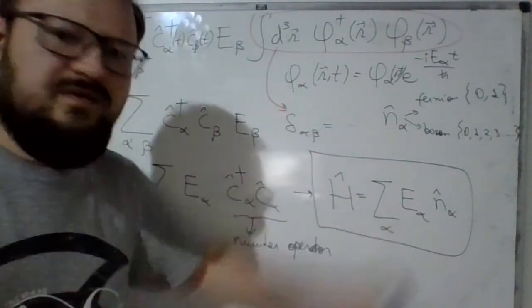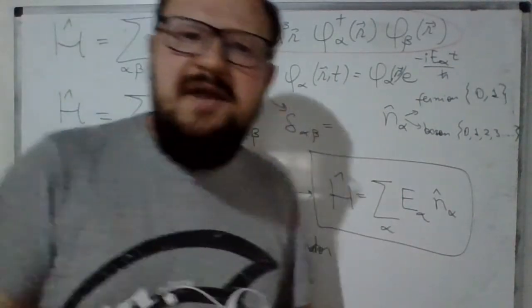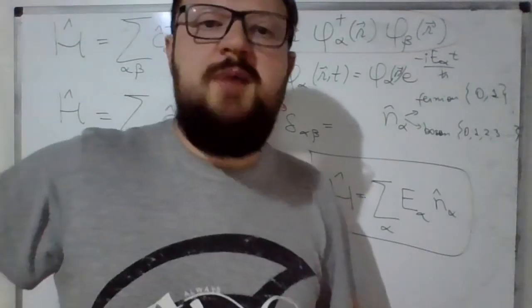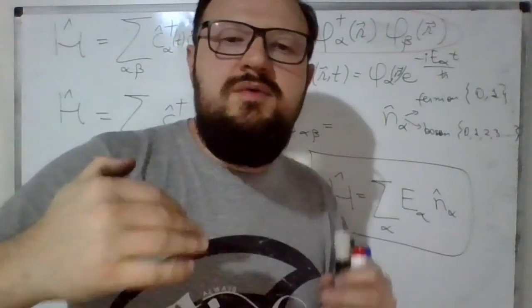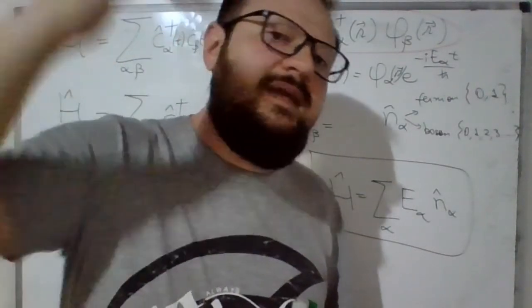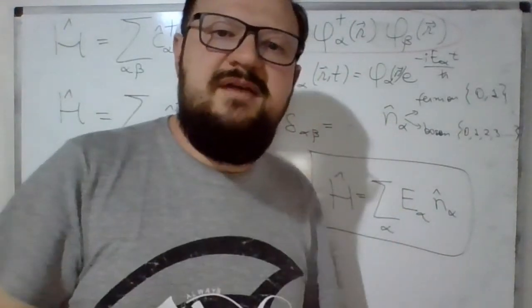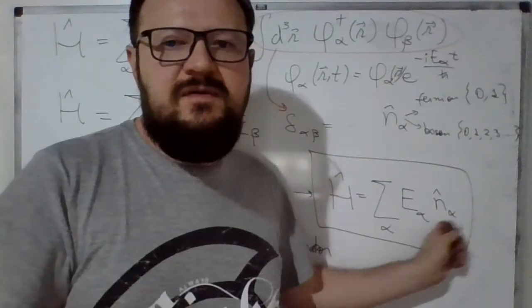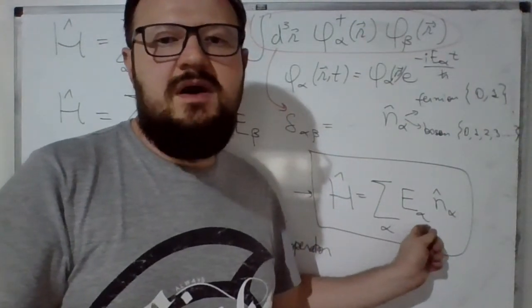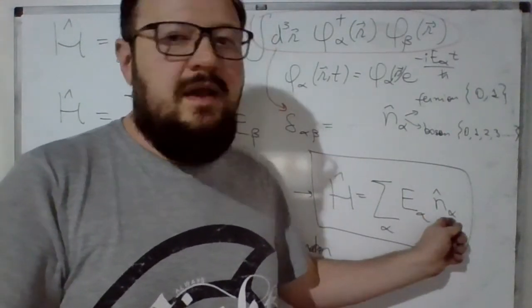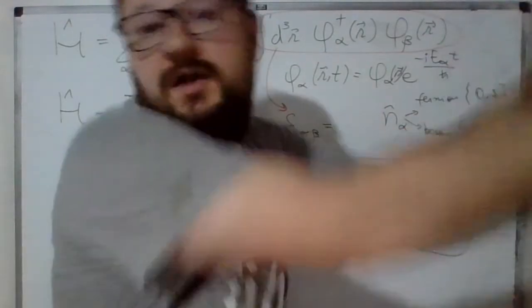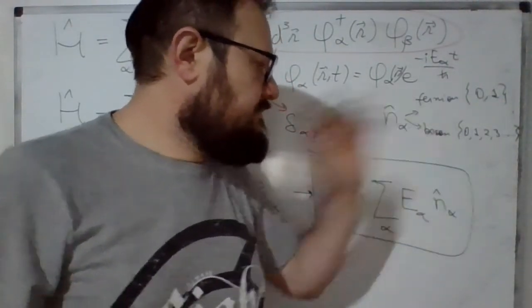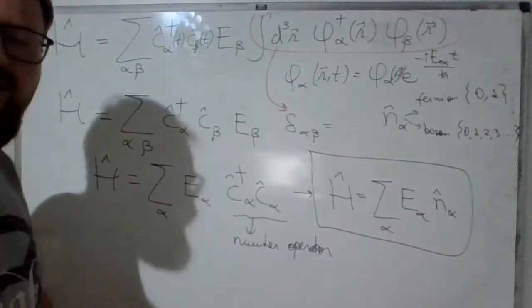You do not have interactions, you just have states for single particles, which now you can just fill in according to the energy levels. You can put one fermion in the state alpha 1 with the energy E alpha 1, another fermion in another state alpha 2 with the energy E alpha 2, and so on.